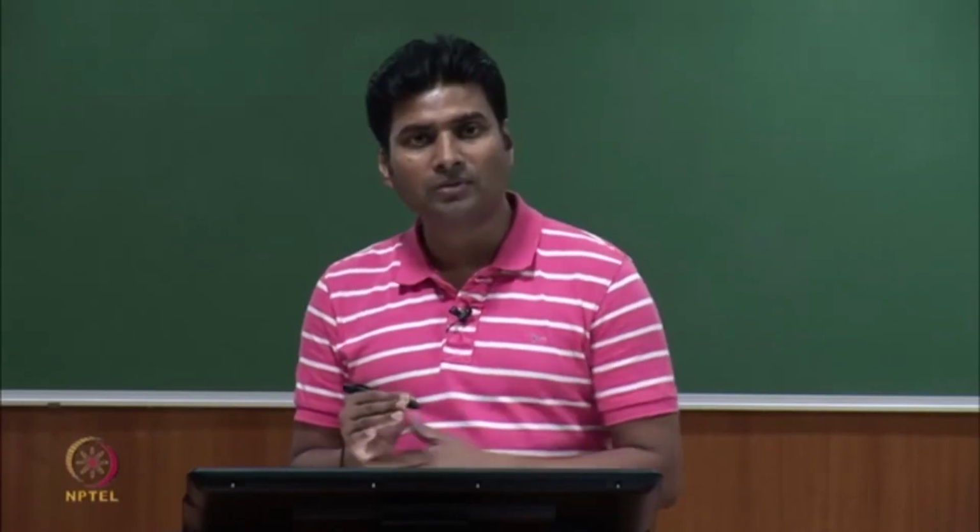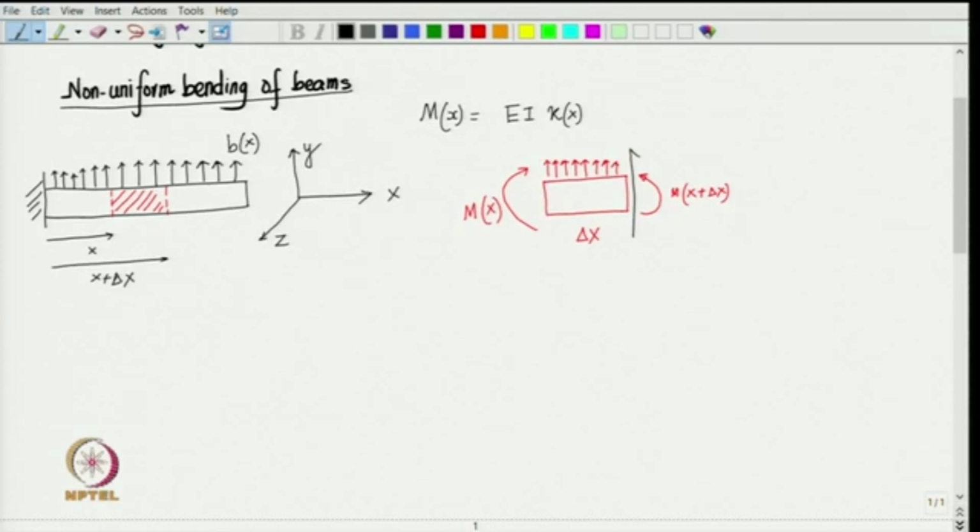By convention, on the positive cross section, that means a cross section having normal in the positive x direction, shear force in the positive y direction is counted as positive, whereas on the negative cross section shear force acting in the negative y direction is positive. So on the right cross section, which is the positive cross section, shear force is upward, V of x plus delta x, whereas on the left cross section shear force goes downward and it is V of x.